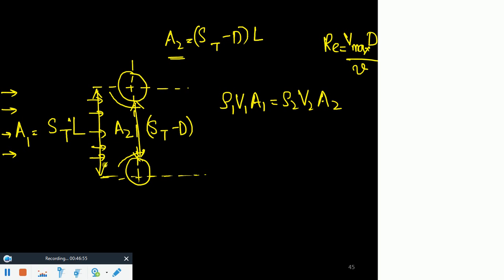So I consider this area as the inlet and this area as the outlet of some section. So rho 1 A1 V1, section 1, equals rho 2 V2 A2. By the way, this V2 is V max. Rho can be cancelled because we are talking about incompressible flows.